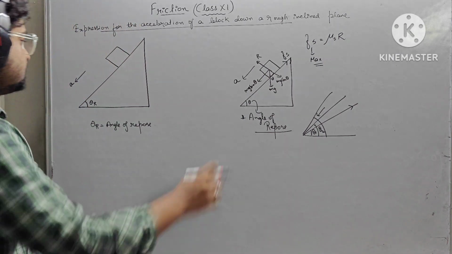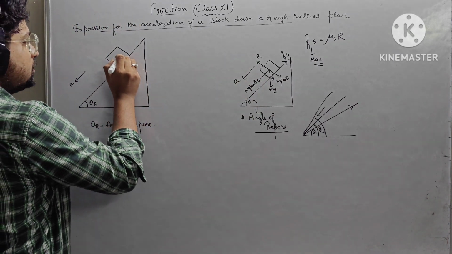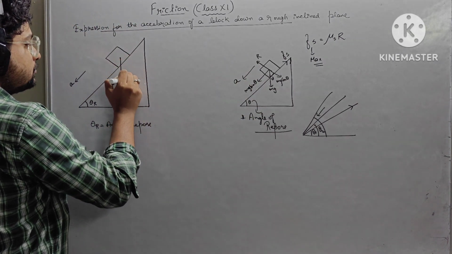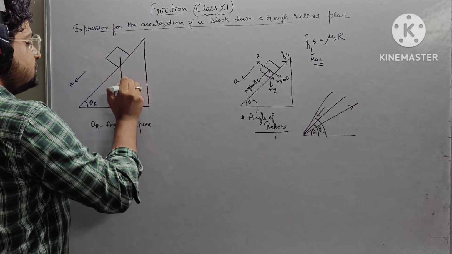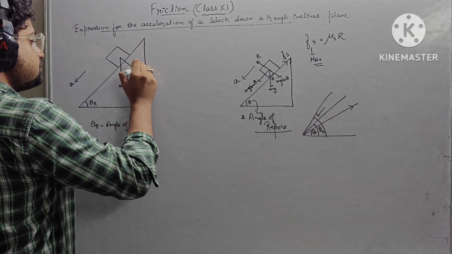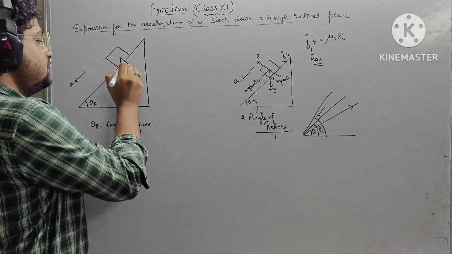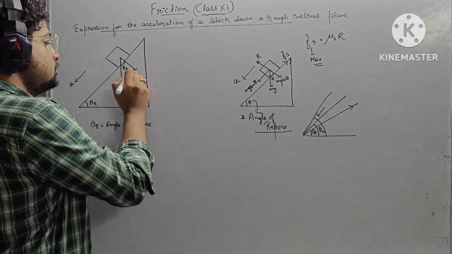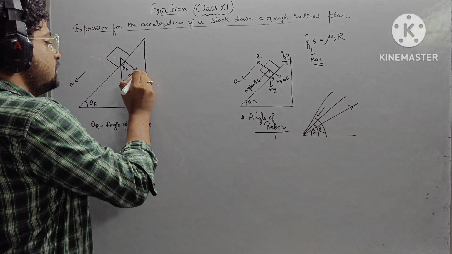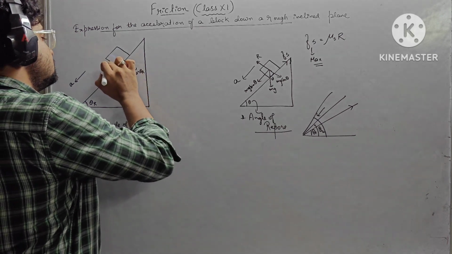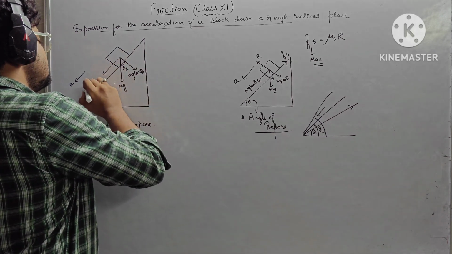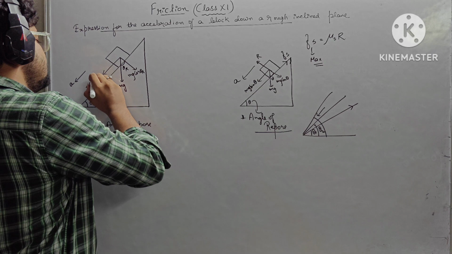First, let us see what forces are acting on the body. As you all know, this will be mg. If this is theta r, this angle will also be theta r. So this is mg cos theta r, and this is mg sin theta r.